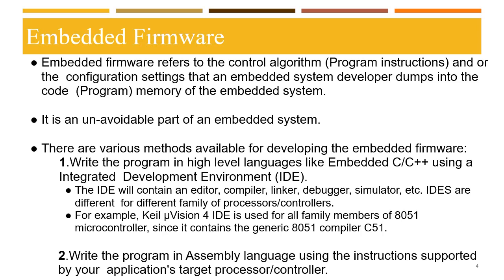These IDEs are different for different families of processors and controllers. For example, Keil MicroVision 4 IDE is used for all family members of the 8051 microcontroller since it contains the generic 8051 compiler C51.